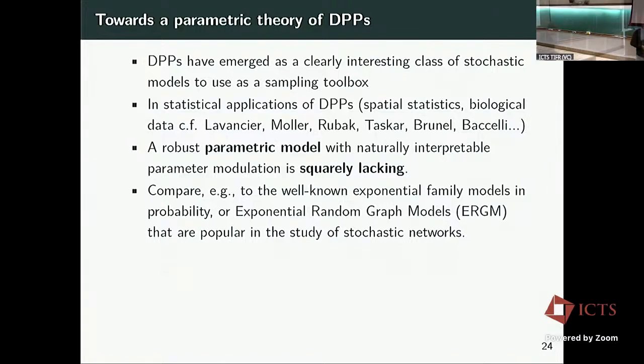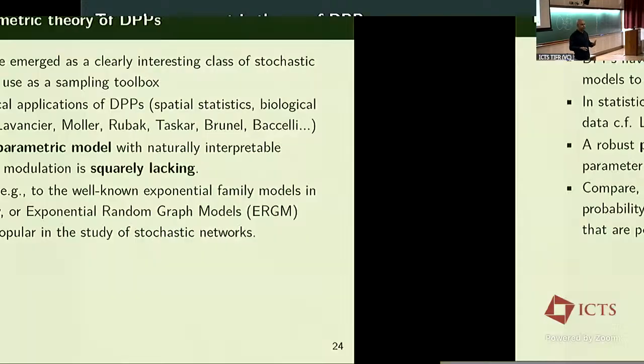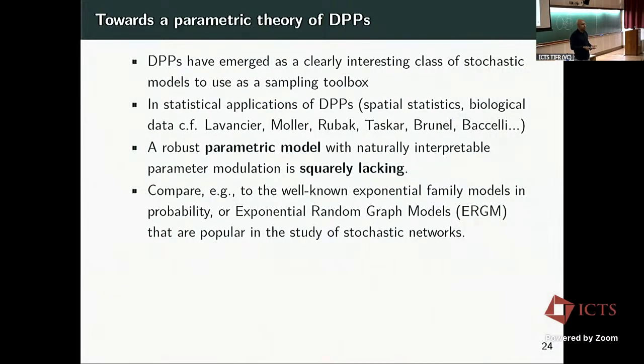Now you can say that, well, determinantal processes, there is already a kernel in there, and the process is completely determined by this kernel. So in principle, it's a parametric model in some sense, right? But the caveat is that this kernel is essentially an infinite dimensional parameter.